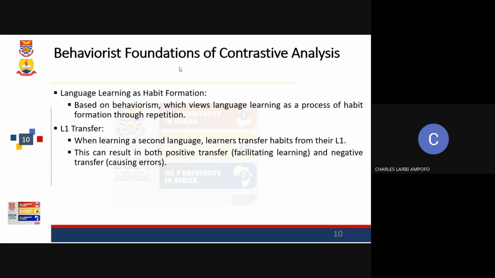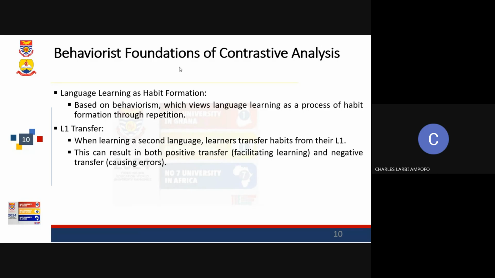And when this is done, it can result in both positive and negative transfer. So if the transfer is positive, then it makes learning fast. And if the transfer is negative, it makes the learning of the language what? Difficult. Okay. So if you are learning a second language and it's influenced by your L1, and you are able to transfer positive forms from your L1 to the L2, it means that it will facilitate the learning.